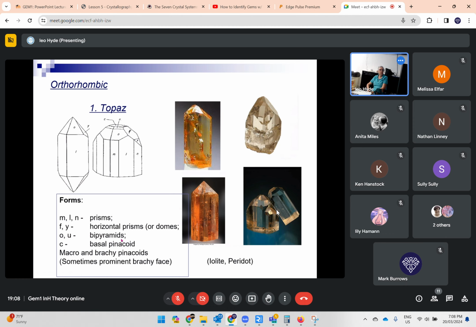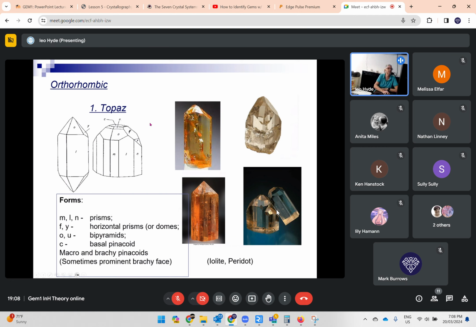So a topaz can be like this, where you've got a matchbox shape, but then we can grow other faces because when it started from the inside and grows out, we can have this combination of faces. So topaz can grow a lot of different faces, and there might be quite a few of those forms that you can see in any one crystal.